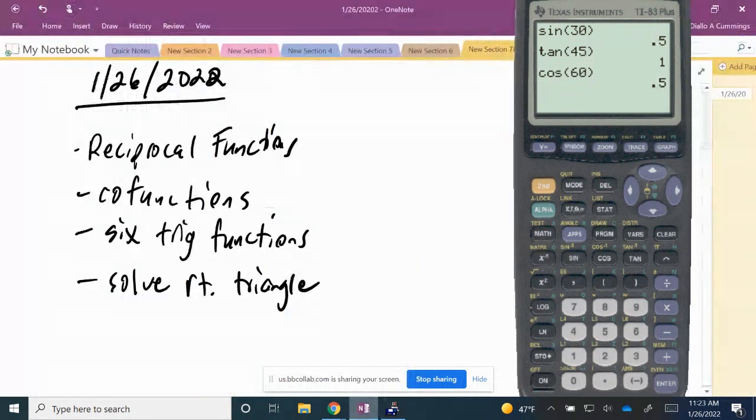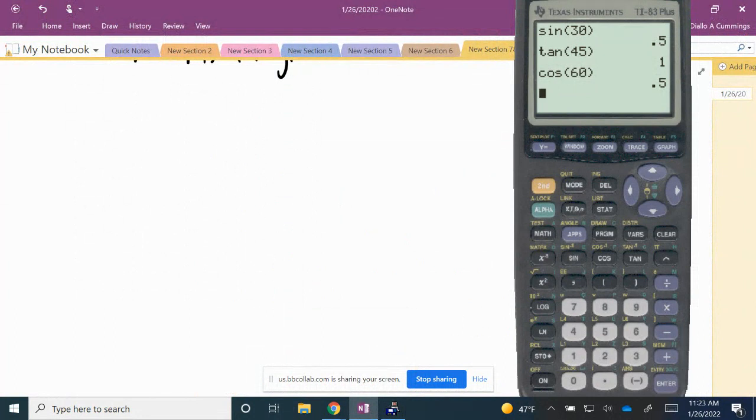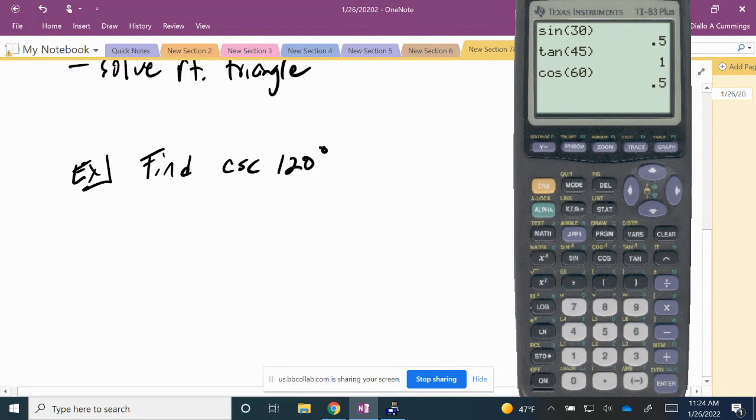Let's just say that we're asked to find the cosecant of 120 degrees, right? Now keep in mind we don't have a cosecant function on our calculator, but we do have a reciprocal function, right? The reciprocal function for cosecant says that it's equal to 1 divided by the sine.